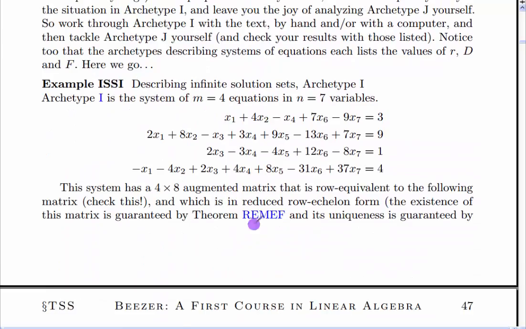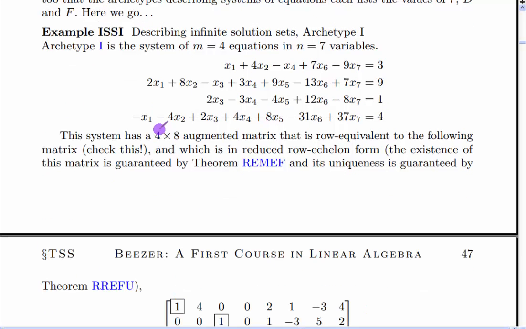All right, now, before looking in general, let's see how R and the reduced row echelon structure of the matrix determine the nature of the solution set. So let's try this system of equations. It looks rather complicated, but we're going to let the book do the hard work for us.